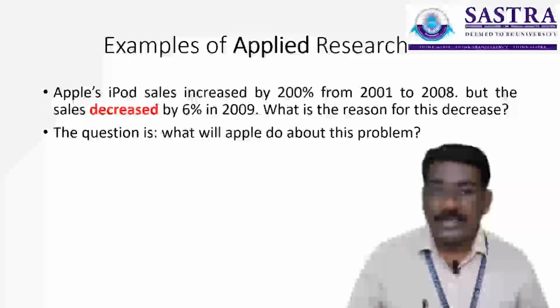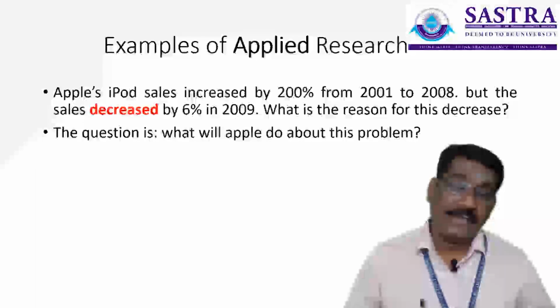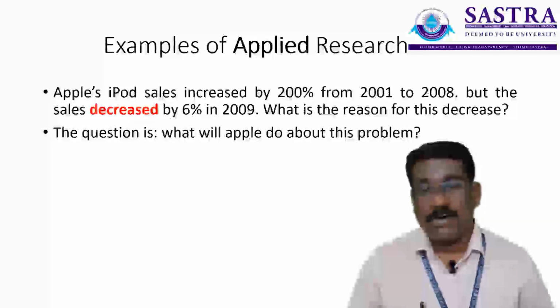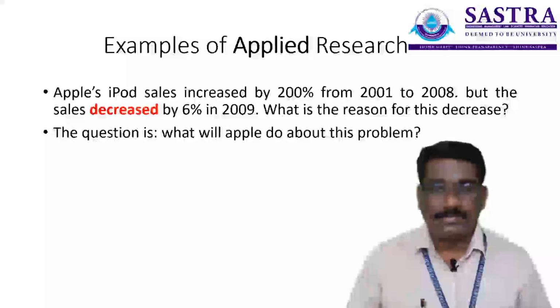The question here is, what will Apple do about this problem? What are the factors responsible for the decline in sales? That aspect, we call it applied research. I think you're very clear.